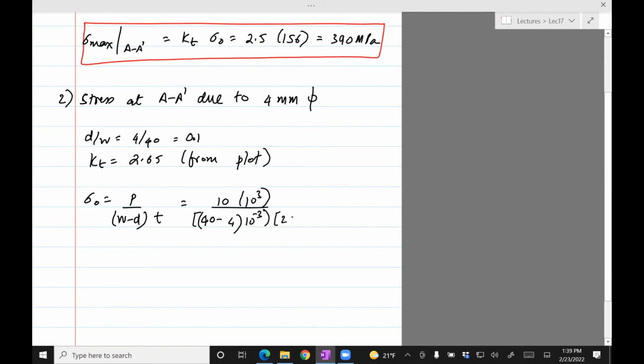And then thickness is 2, which I multiply again by 1e negative 3. Okay, that comes out to be 139 MPa.